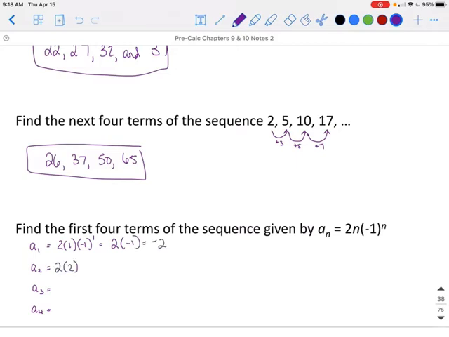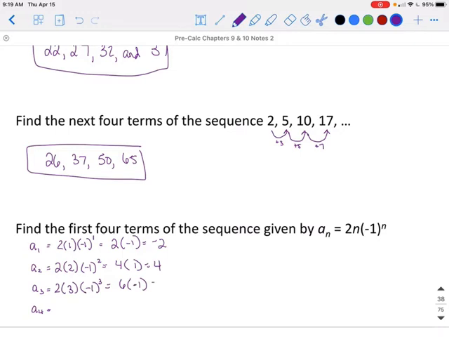For the next one, we'll have 2 times 2, and then we're going to multiply that by negative 1 raised to the second power. 2 times 2 gives us 4, and negative 1 to the second power is going to give us a positive 1, so that'll give us 4. Now we have 2 times 3, or 6, times negative 1 raised to the third power.